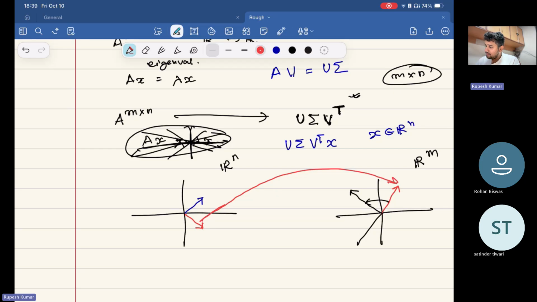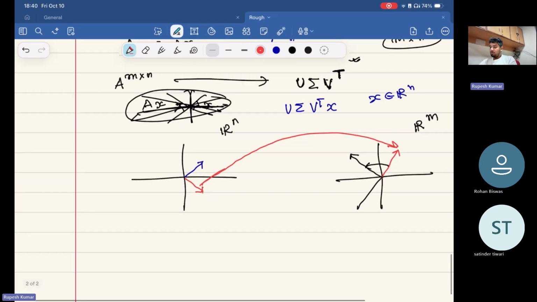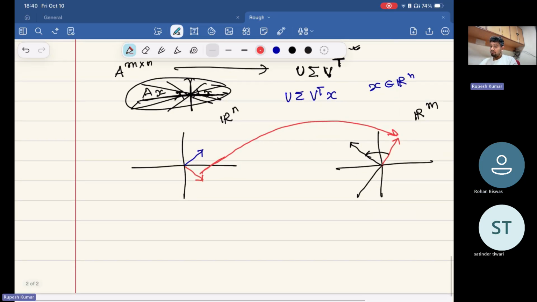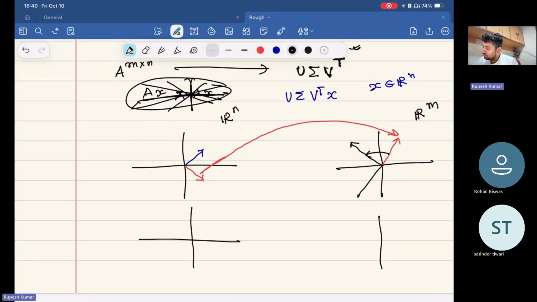That's it, right? Now what I have done here is just a simple example. We have expanded upon the simple matrix vector product that we used to do earlier. Let's say this was the R^n space, the input space, and this was the R^m space, and then you had a vector in R^n space.